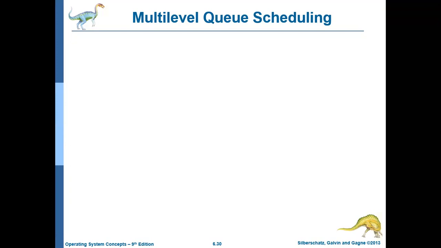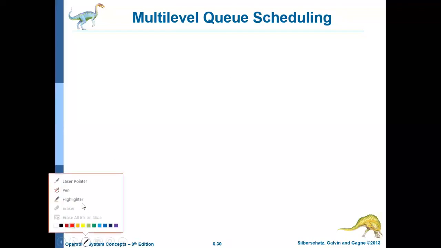In a multi-level queue scheduling algorithm, the ready queue will be split into multiple queues, and the processes will be allocated to different queues based on the memory size required by the process, the priority level, or the process type.